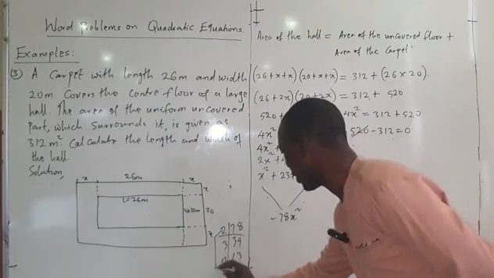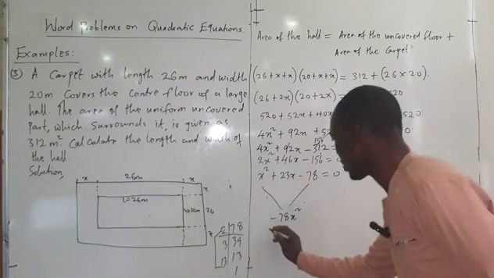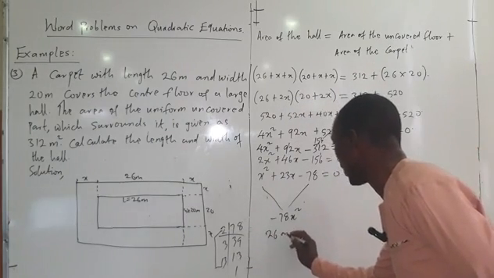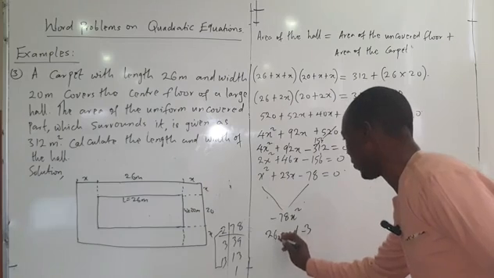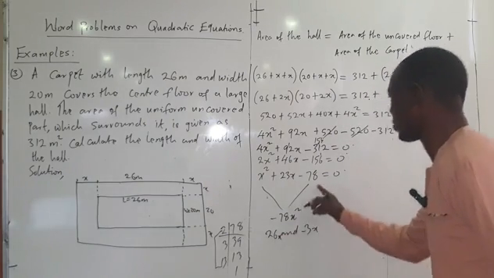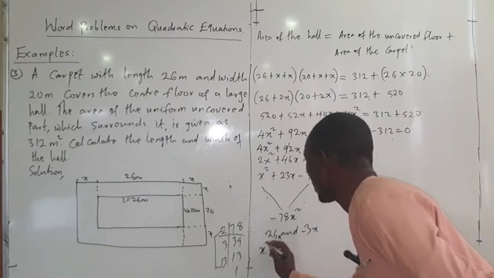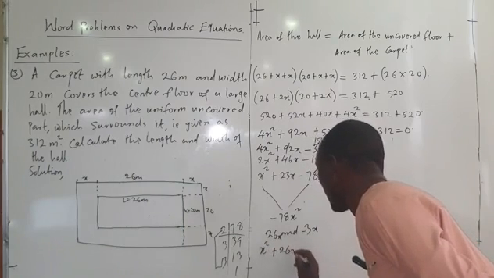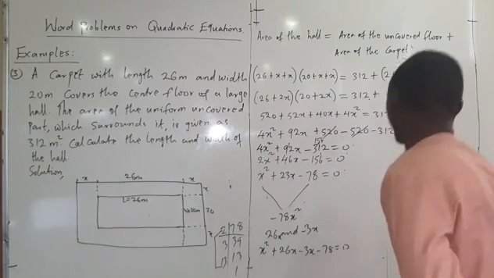So we now pick 26, that's 2 times 13, and 3. So 26 minus 3 will give us 23, and 26x multiplied by minus 3x will give us minus 78x squared. So we now have x squared plus 26x minus 3x minus 78 equals 0.